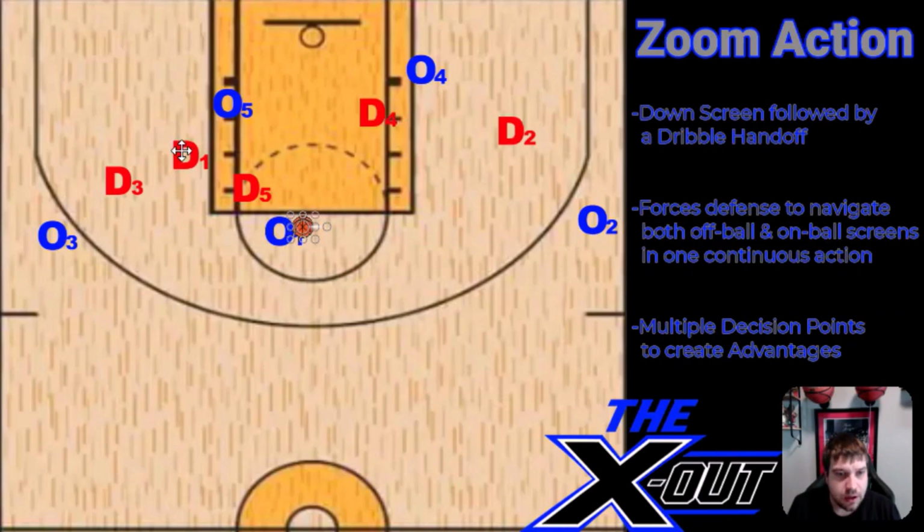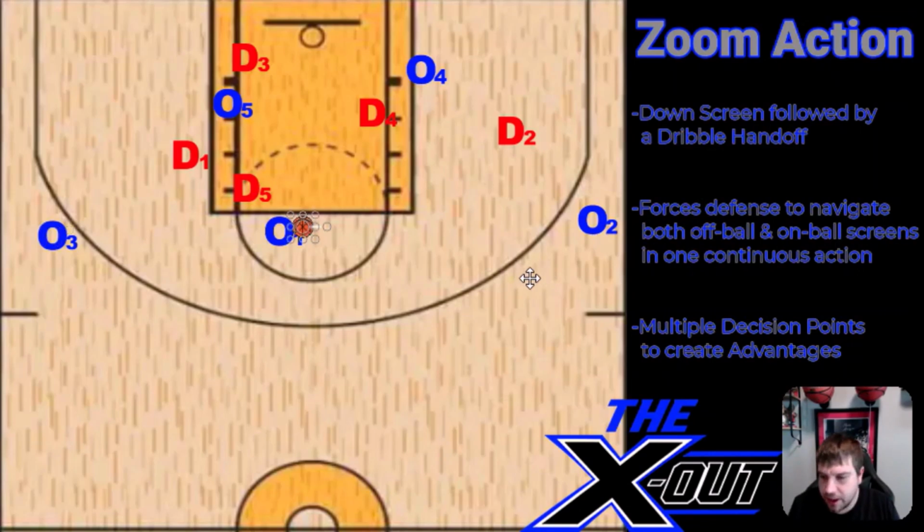And on this side, if this defender does bump here, then we would have the pass over to this man over here. Either way, we're getting a good look. And if we play the advantages correct, then we can get a good look almost every single time.